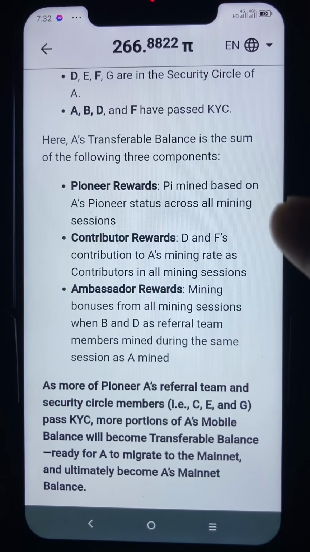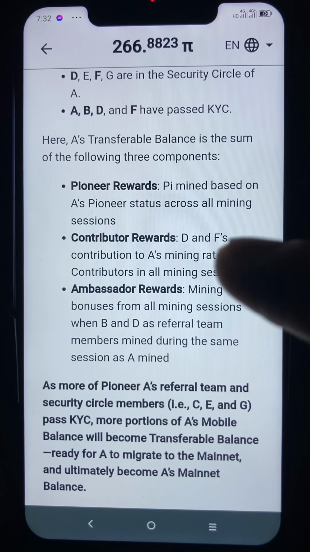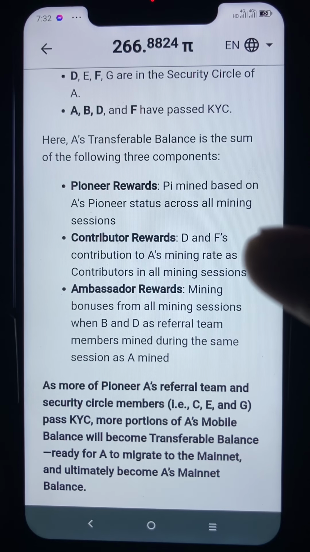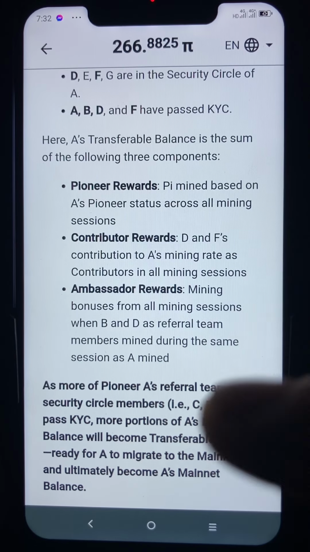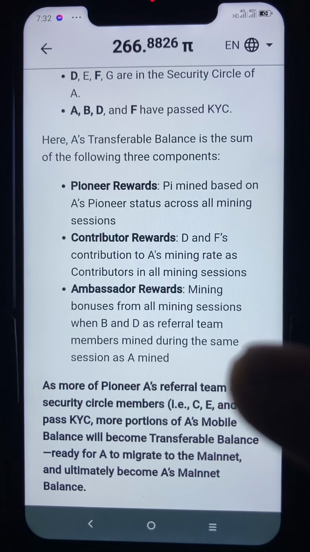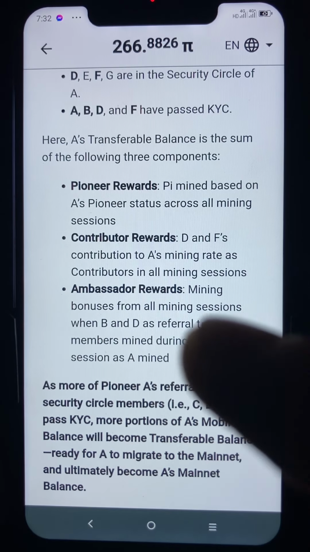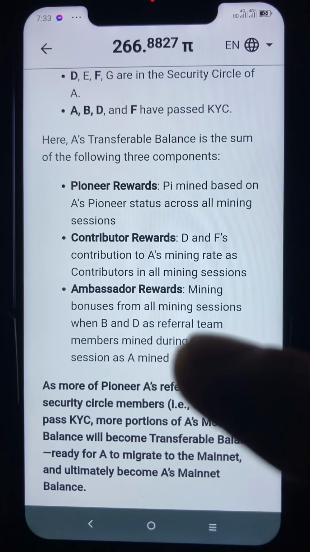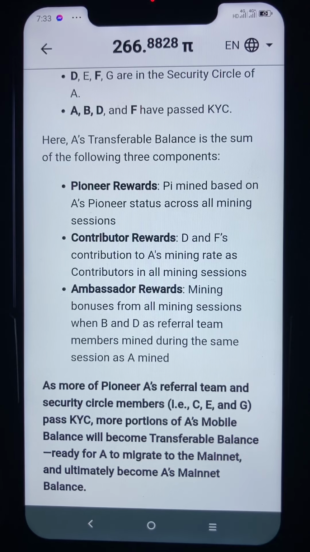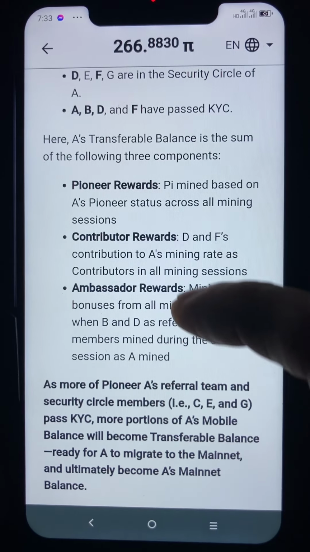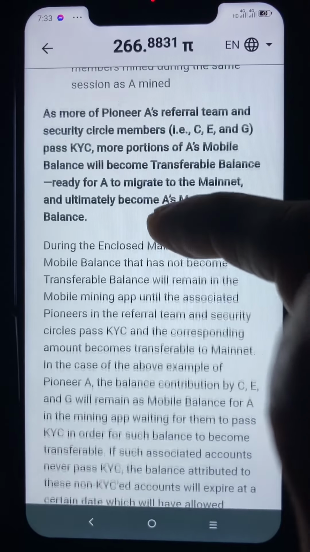Kung na-KYC yung kasama sa mining, yung security circle nyo tsaka sa earning team ninyo, yung contributor rewards tsaka ambassador rewards ninyo, masasama rin yun doon sa transferable balance. Okay?